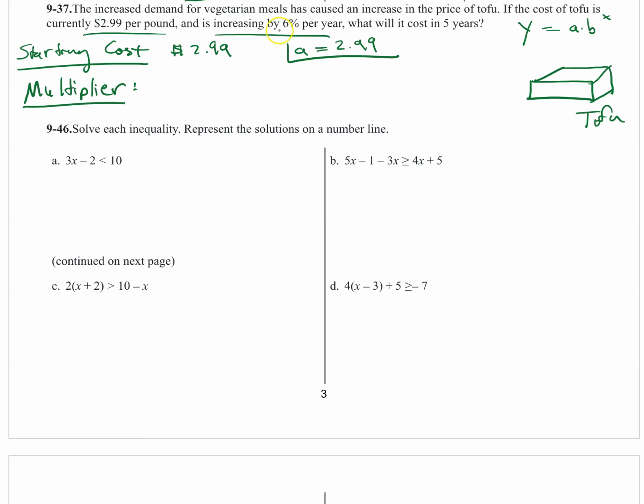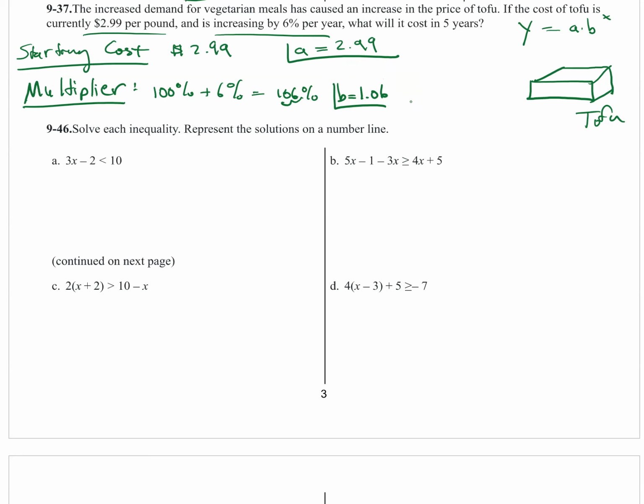So the way we get that with the percent increase is you start at 100%, and then you add 6%, right? So you get 106%. And a multiplier is that number as a decimal. So to get that number as a decimal, you move the decimal 2 places to the left, 1.06. And that's your B.